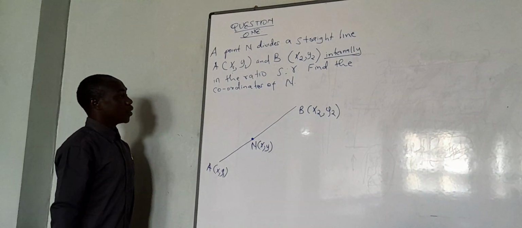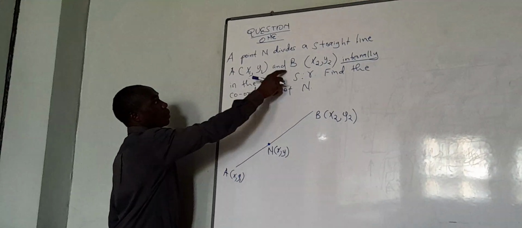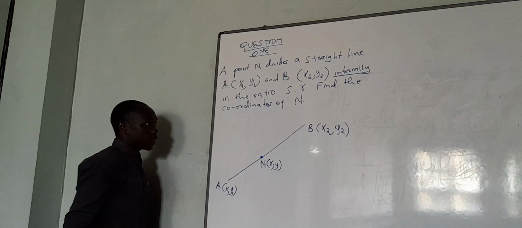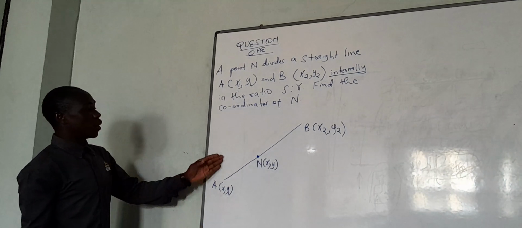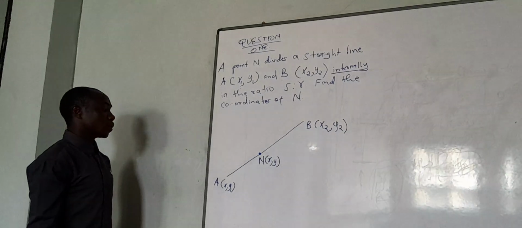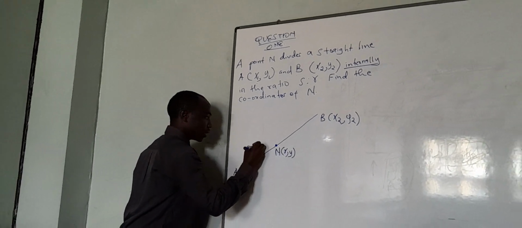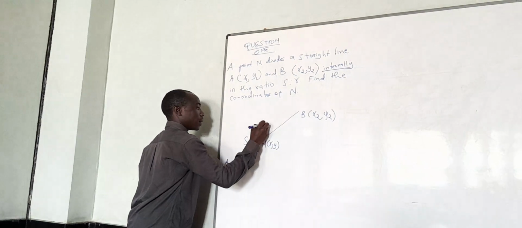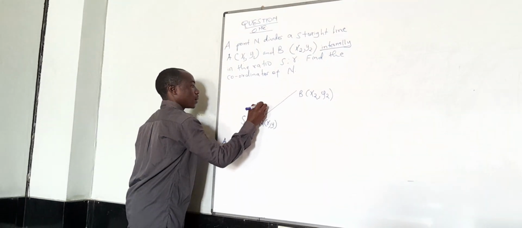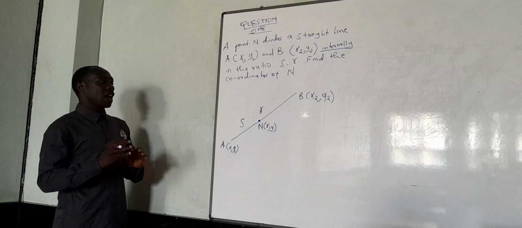Then we have the point A, which we've been given, B, and the point N. Now the next question is, how do we find the coordinates of point N, x and y? We've been told that the ratio is S to R. So we will first start by drawing triangles.